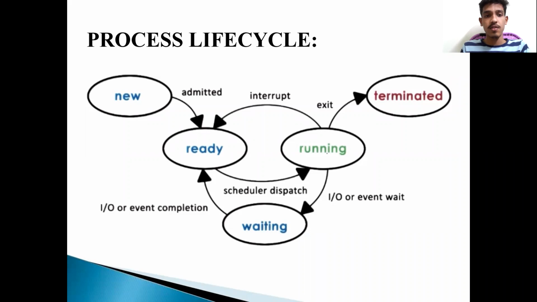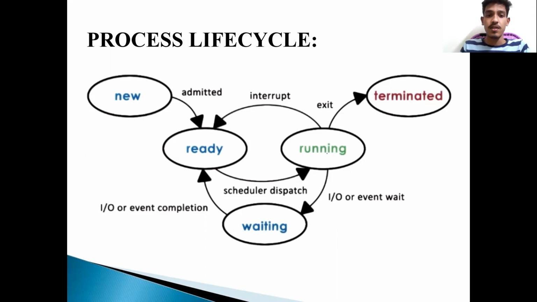First of all, when a process is created, initialized, then it will be in the new state. Next, whenever it wants to get executed, then it will be coming to the ready stage where there is a queue of processes waiting to execute.